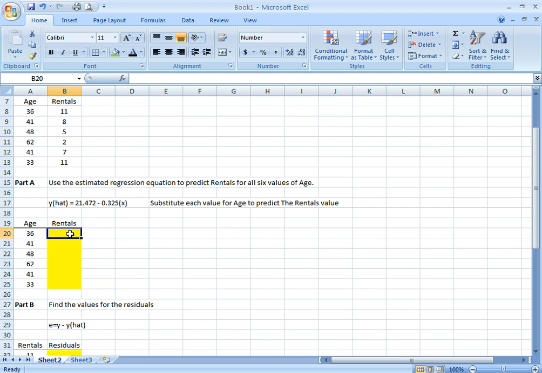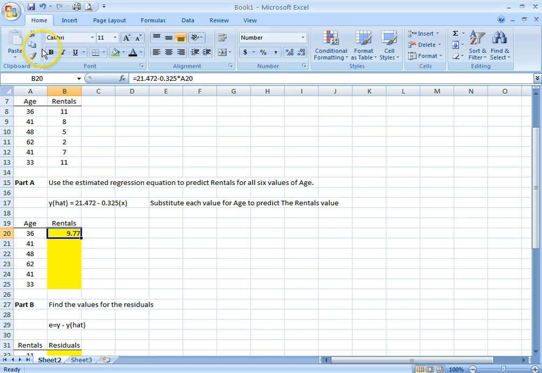So we can go to our first cell, equals 21.472 minus 0.325 times our first x, which is our ages, and we say enter, and we get the value of 9.77.